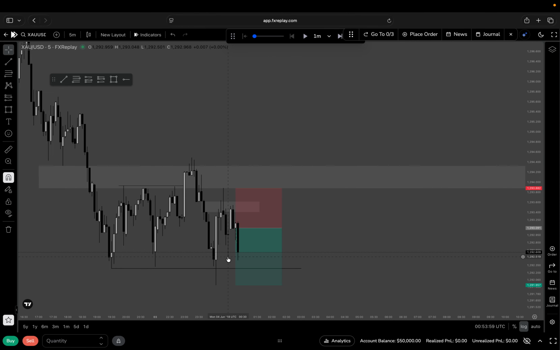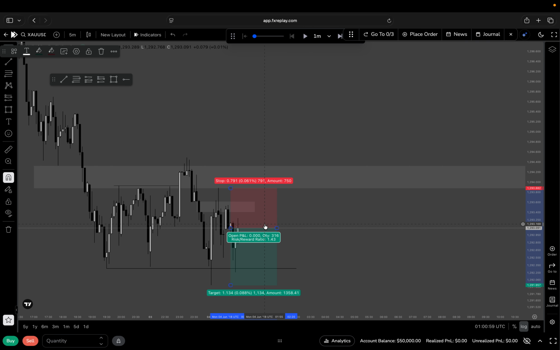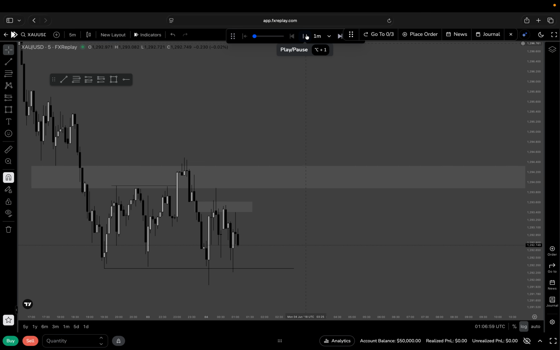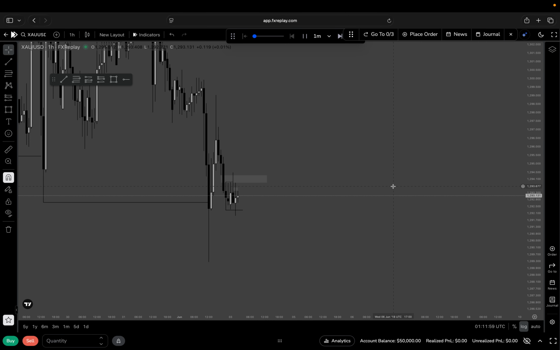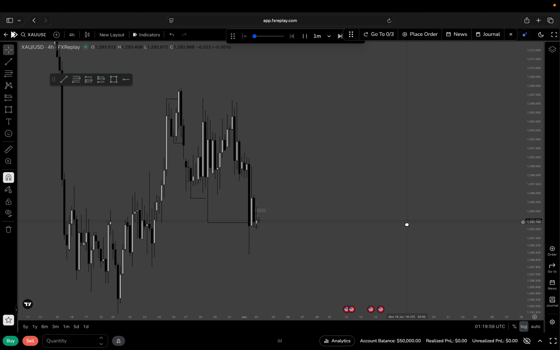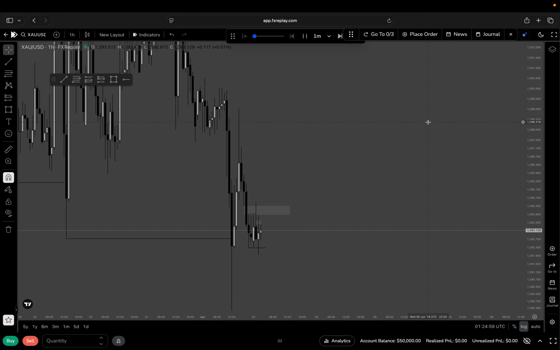Okay, would have gone break even at this low here, this 5-minute low. Okay, would have been stopped out break even. So yeah, we filled that 1 hour. 4 hour time frame still looking bearish.